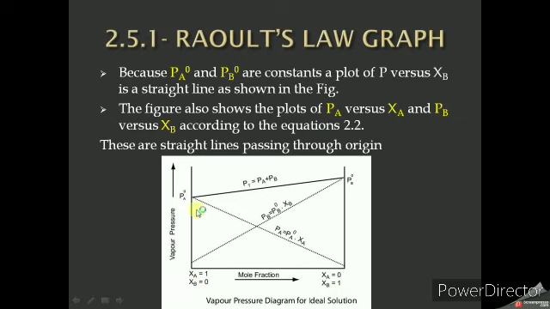The vapor pressure of component A is PA0, and that of B is PB0, here. Now PB, the partial pressure of B component, is equal to vapor pressure of B into mole fraction, and the partial pressure of A component is equal to vapor pressure of A into mole fraction.